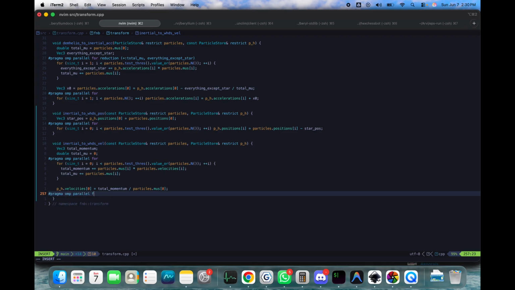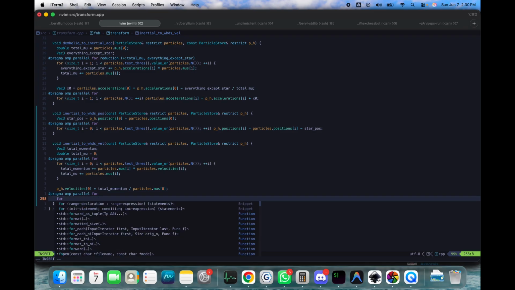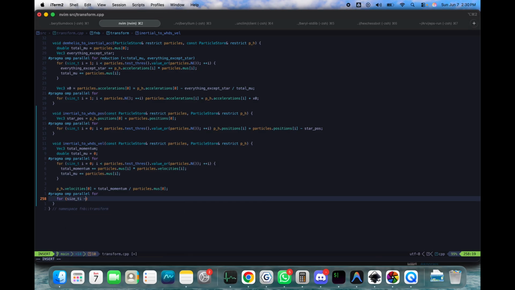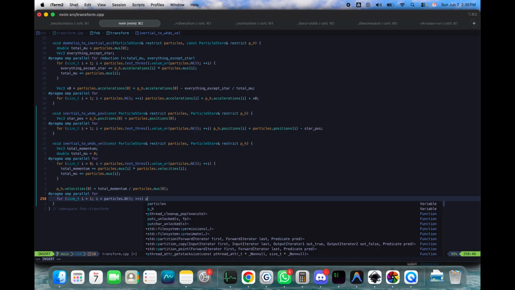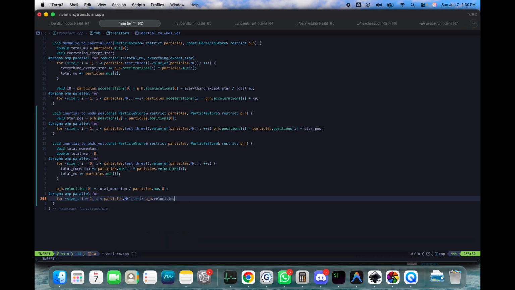Pragma OMP parallel for, size t I equals 1, not 0, 1. I is less than particles dot n, plus plus I, and we just do a very basic thing.